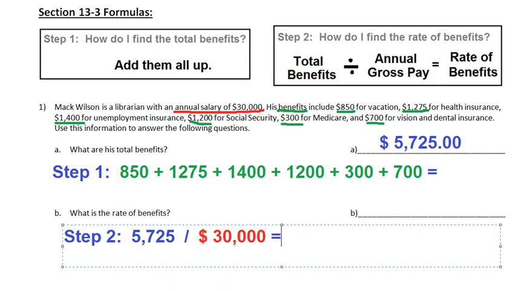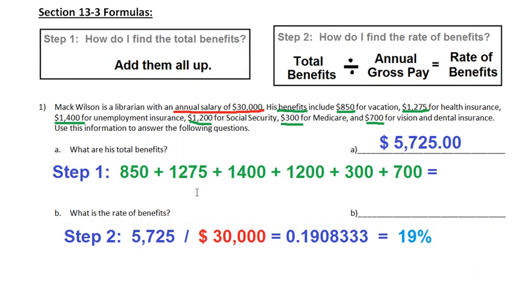So I'm going to take my 5725, divide it by 30,000, and I've got to be honest, folks, you're going to get a long-looking number. But do you want to know what it becomes? It becomes 19%. Now, as you look at this, you might think to yourself, 19%? Where did he get that?